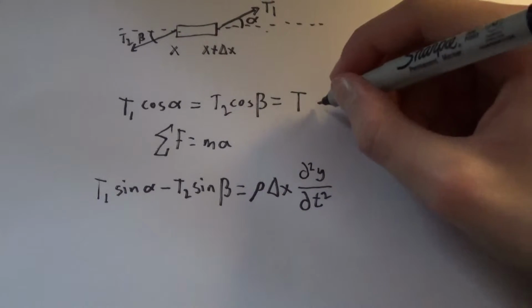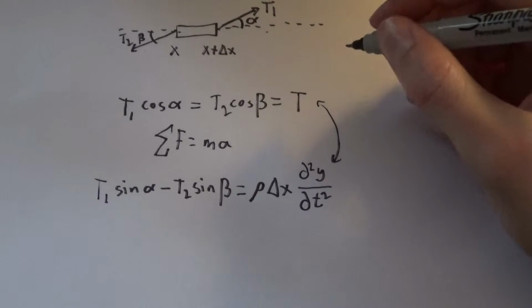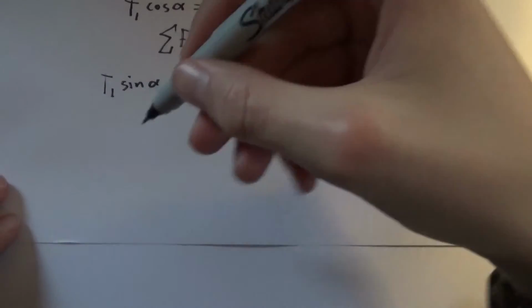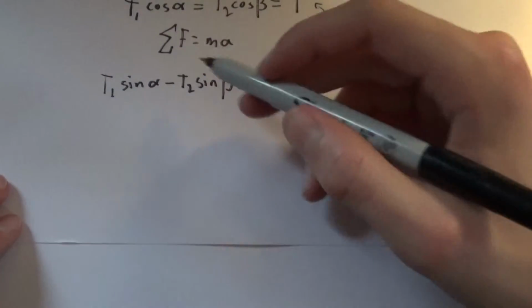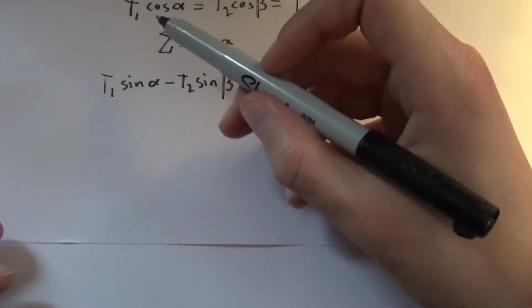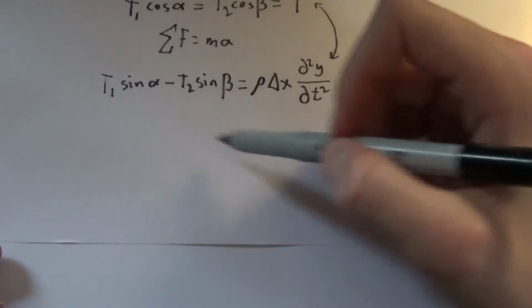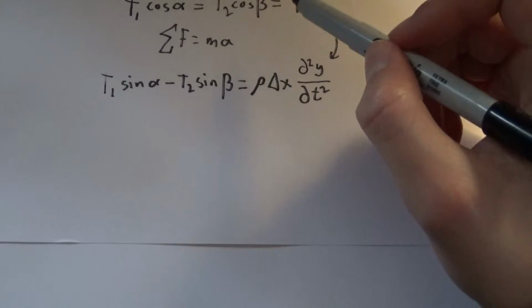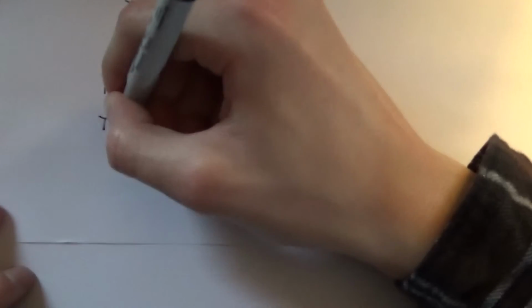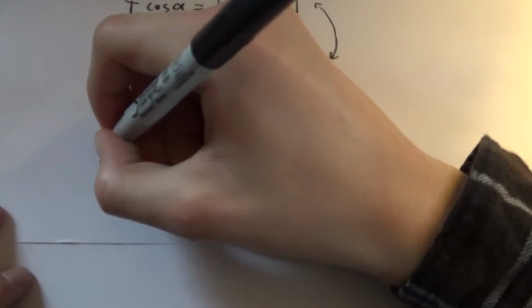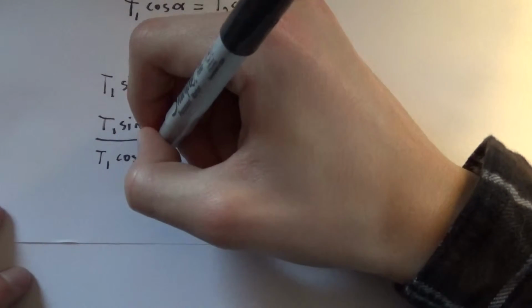Now, we can relate these two equations, but we have to do it one certain way. So, let's get to it. If we divide this equation by this equation up here, we're not changing the equation at all. Since all of these are the same, it's still true. Except we can strategically put these inside the other equation so that we can simplify dramatically. So here's what we're going to do. We're going to divide T1 sine alpha by T1 cosine alpha.